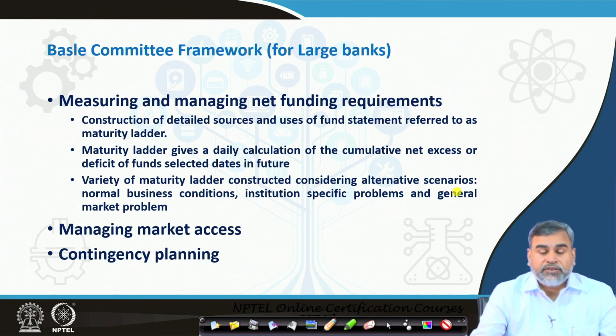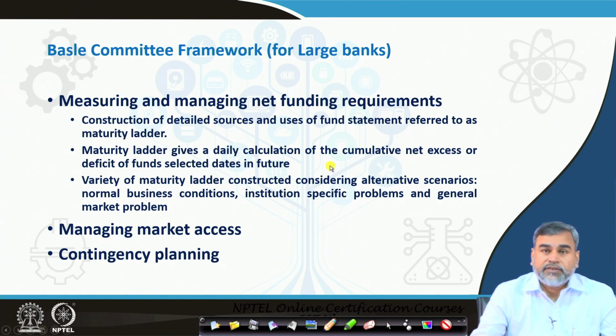Varieties of the maturity ladder are constructed considering alternative scenarios like normal business conditions, institution-specific problems, and general market problems. In the different scenarios, the maturity ladder has to be considered, so that the statement can be adequate enough to capture all kinds of dynamics in the market.